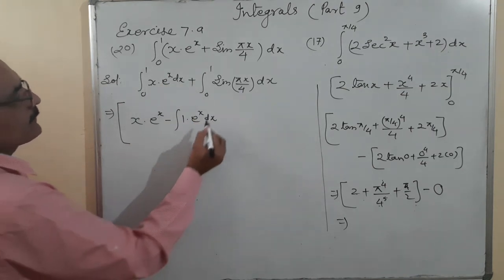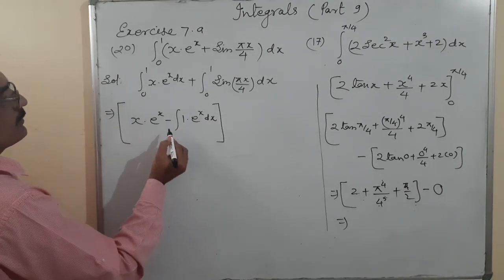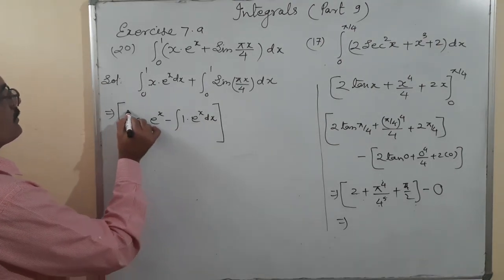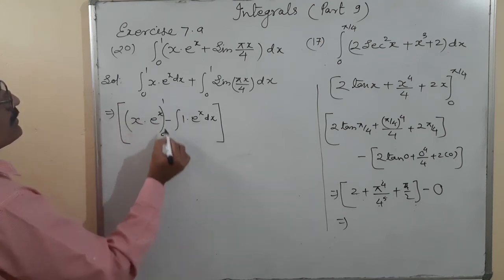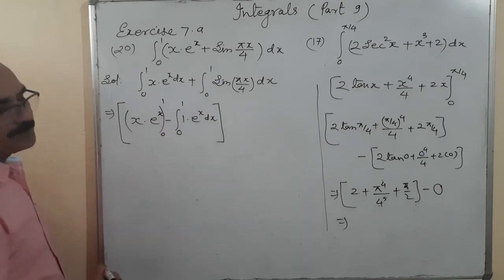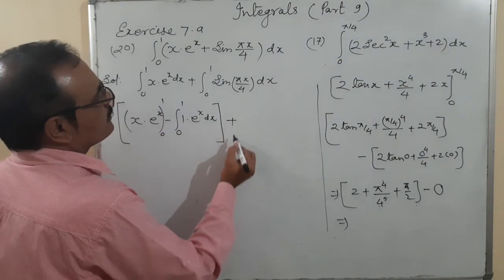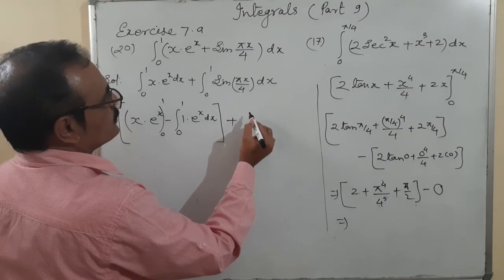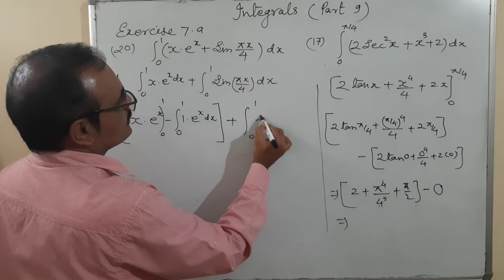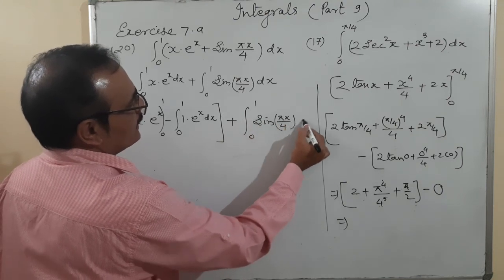The first integral is from 0 to 1, plus the integral from 0 to 1 of sin(pi x by 4) dx.